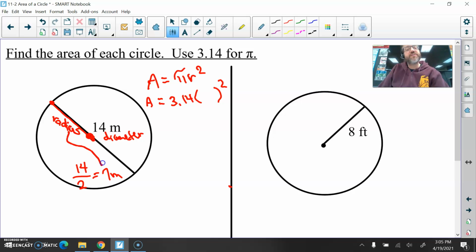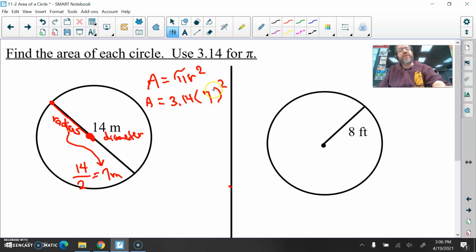So my radius is 7 meters. So I have area equals pi, 3.14, times 7 squared. Now, remember, we need to follow our order of operations, and we need to do our exponents before we do our multiplying. So we have to figure out what 7 squared is equal to.